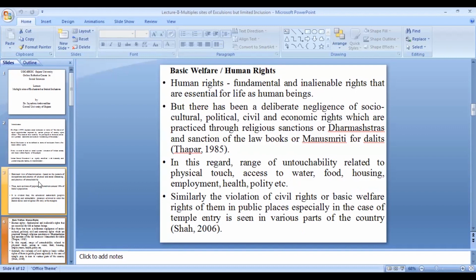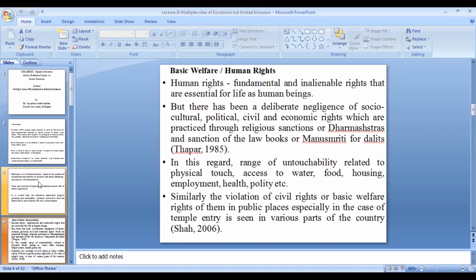So when I'm talking about the exclusion from the basic welfare rights, in large, I would like to talk about what are the human rights. Now, human rights here are those fundamental and inalienable rights that are essential for life as human being. Human rights are something that everyone equally has by virtue of their very humanity, and that also by virtue of their being grounded in our appeal to our human nature.